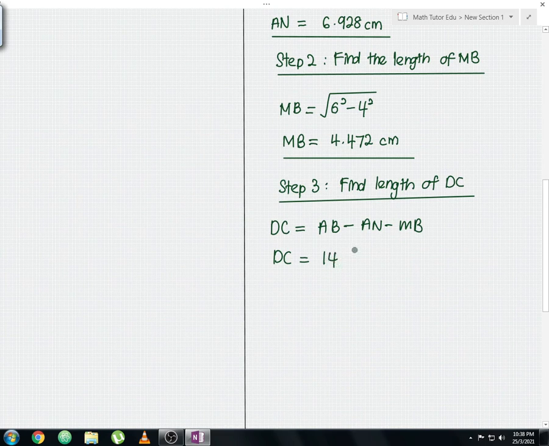Your AN will be 6.928, so you minus 6.928, and then you minus MB, which is 4.472. So you calculate them all. Let me calculate this.